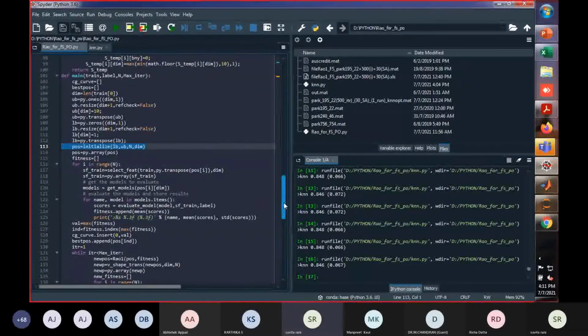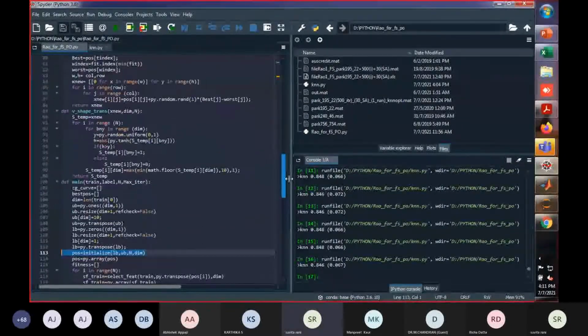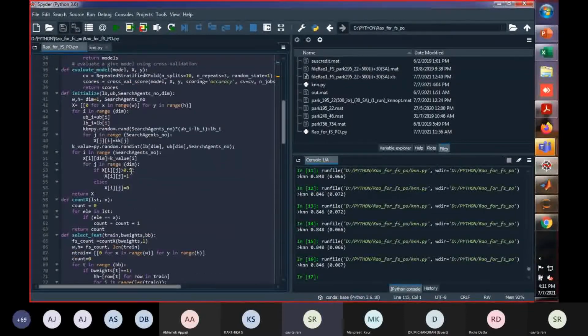So the positions are initialized with the help of this function. Here we randomly initialize the search agent positions, and based on the value of 0.5, if the initialized value is greater than 0.5, then the search agent value at that position goes to 1, otherwise 0.